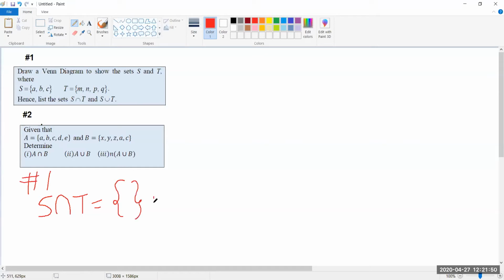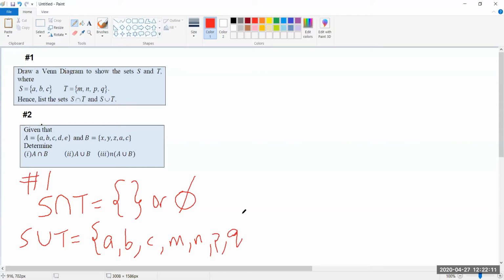Or if you want, you can put the symbol phi. Don't put 2, you just put 1, right? Let's look at the union of them. S union T. Union just means we put them all together. So A, B, C, M, N, P, and Q.